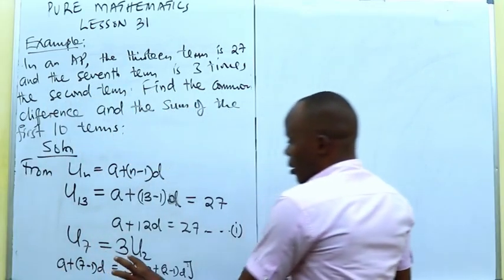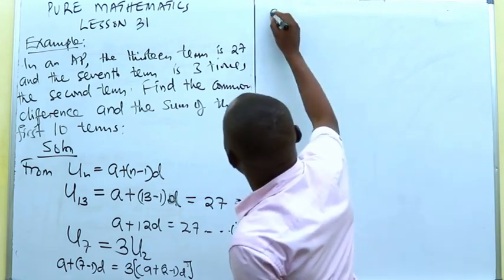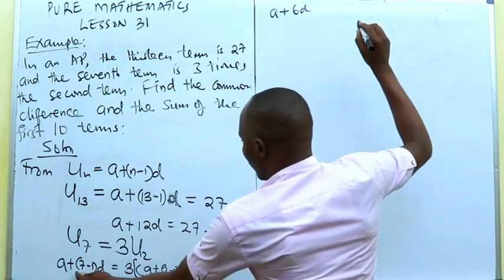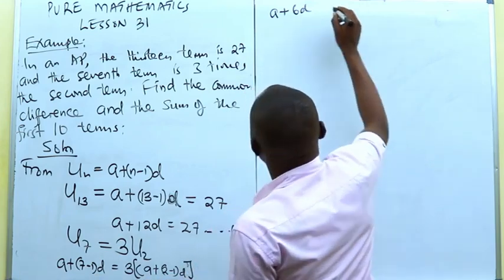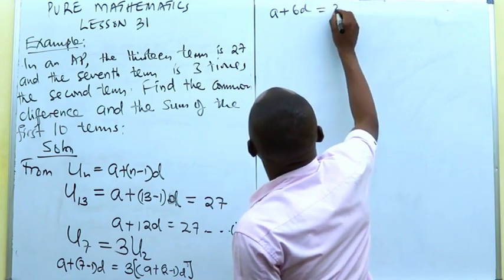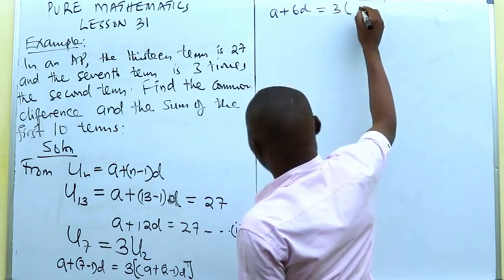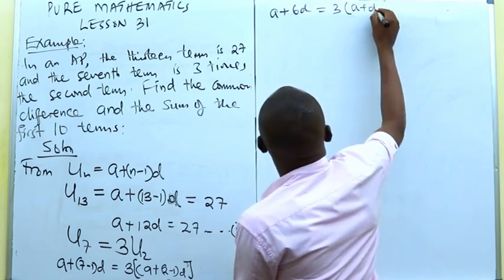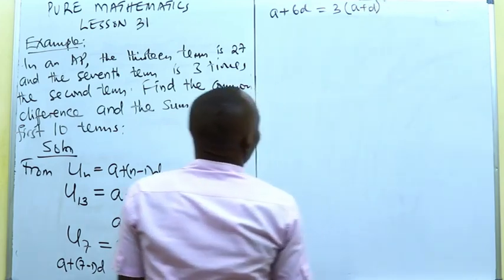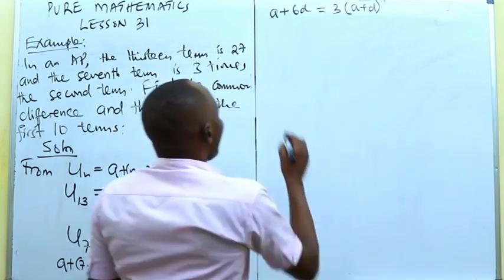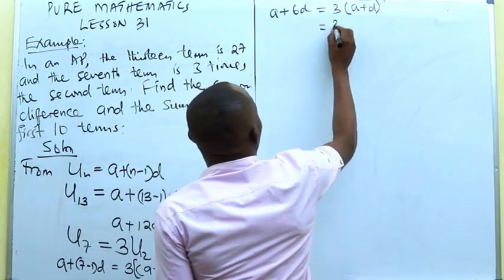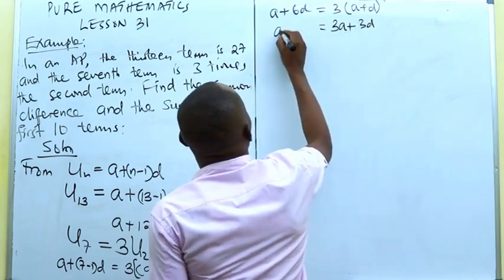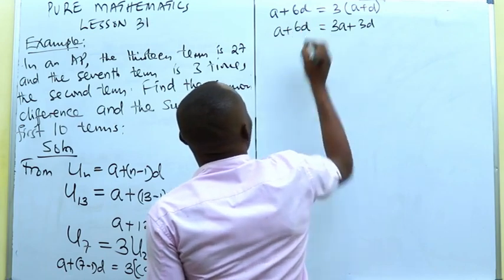We ended there. We have a plus 6d. When you subtract here, you remain with 6. 6 multiplied by d, you get 6d is equal to 3 into a plus d. If I open brackets here, this is 3a plus 3d is equal to a plus 6d.